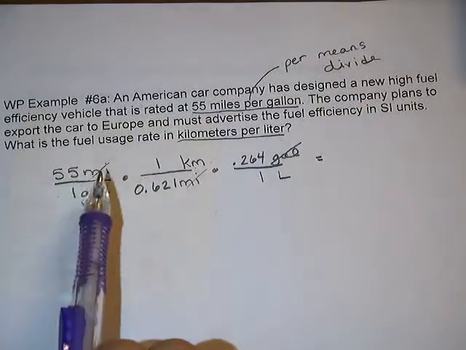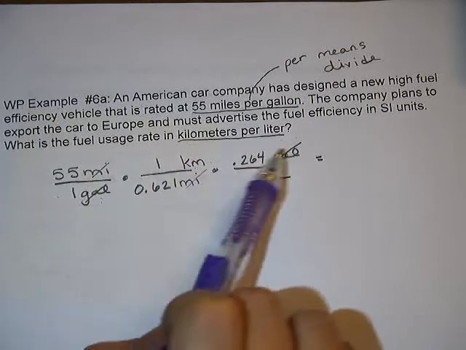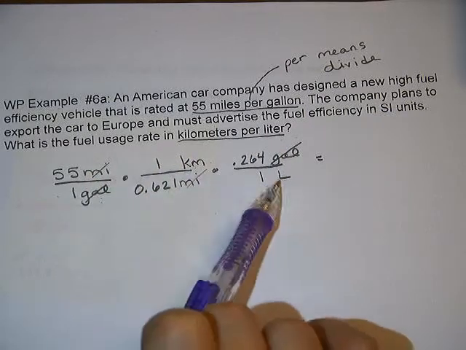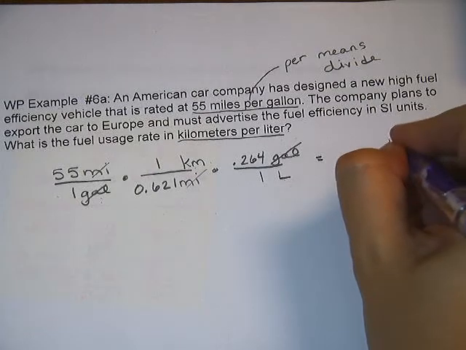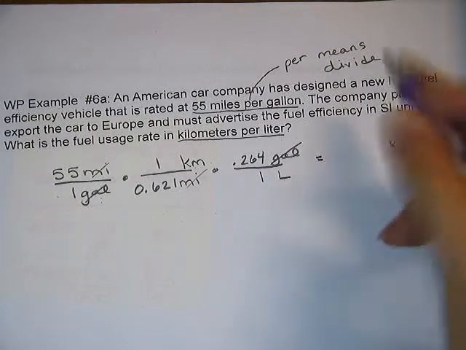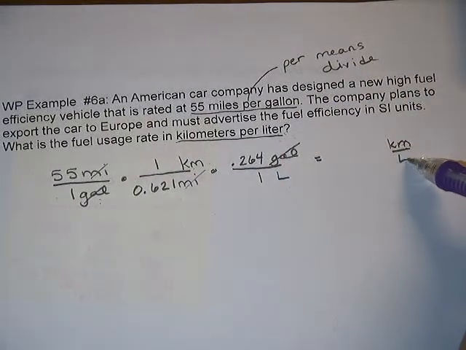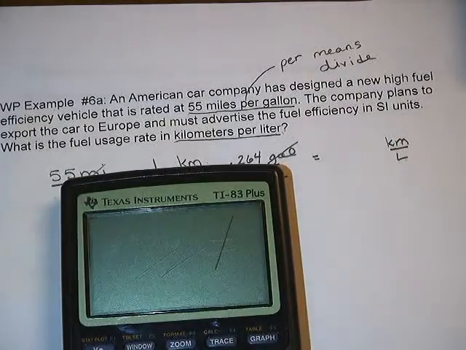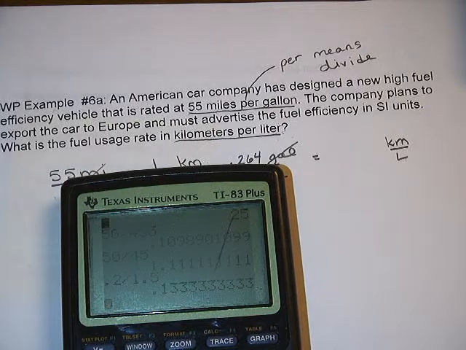And let me check my units. On top, miles canceled, gallons canceled, leaving me with kilometers over liters. Is that what I wanted? Yes, kilometers per liter. That's what I wanted. So now I just need to use my calculator. Clear out all this other stuff.